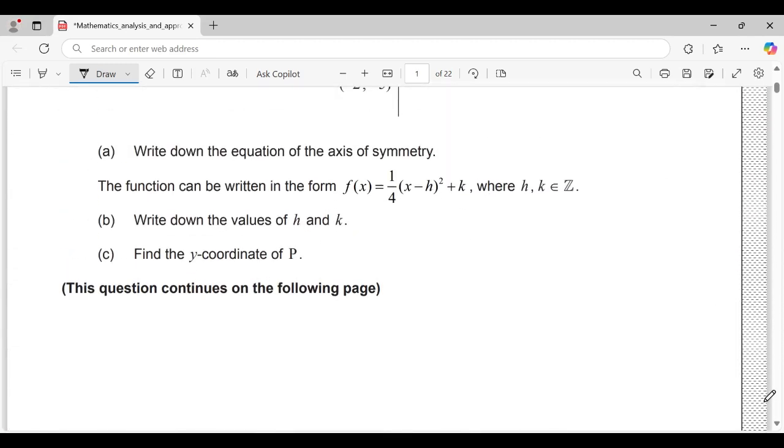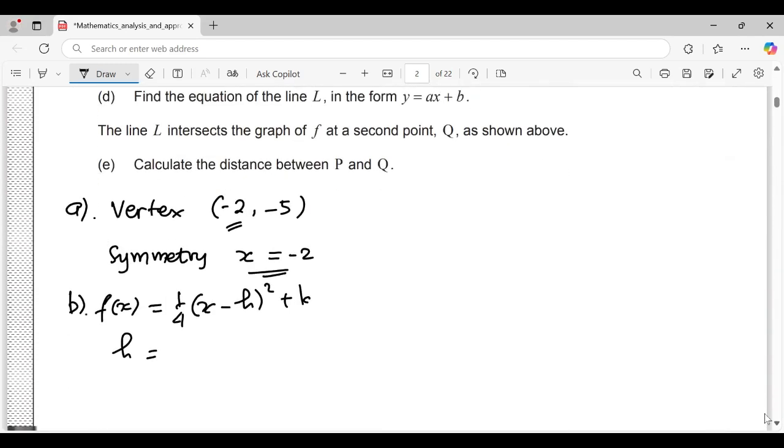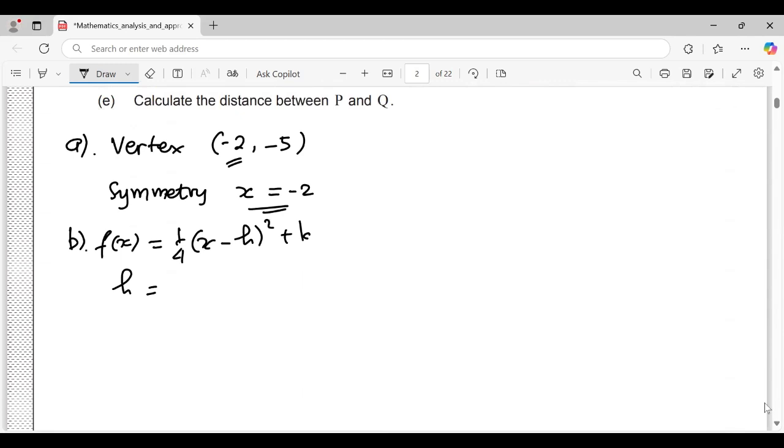Okay, so according to this information, the vertex is minus 2, minus 5, so this is minus 2 and this is k. So h equals minus 2 from this vertex and k equals minus 5 from this vertex of this function.